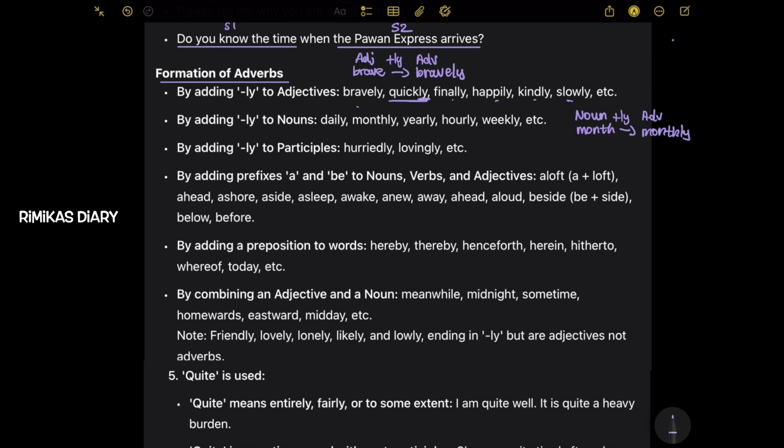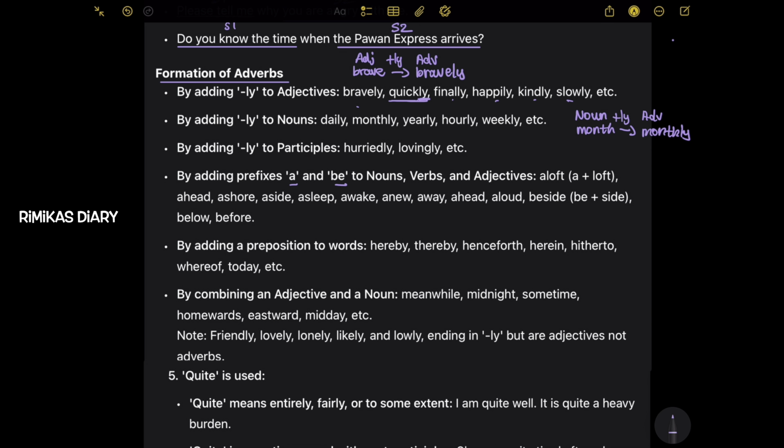That's how it works. By adding ly to participles: hurriedly, lovingly, etc. By adding prefixes like a and b to nouns, verbs, and adjectives.